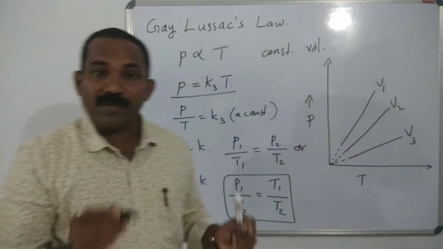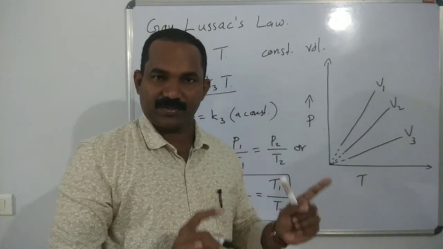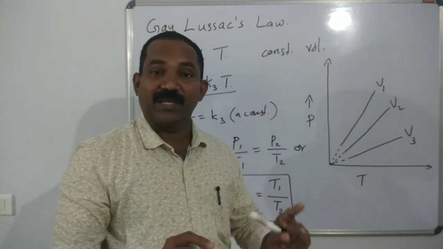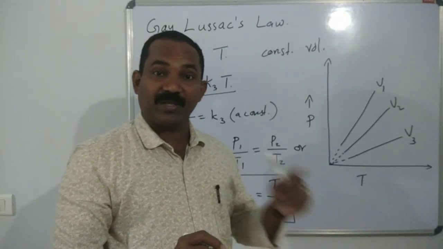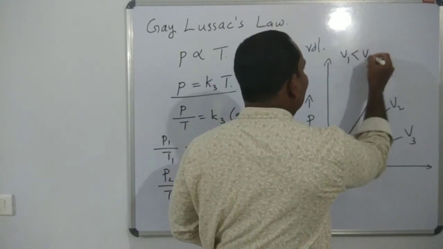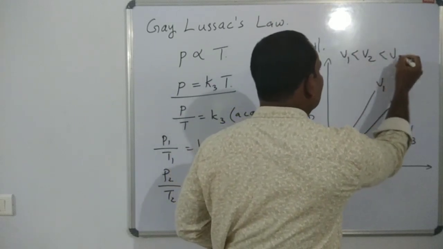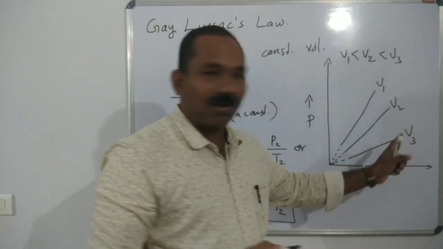Volume must be constant, while pressure and temperature vary. Pressure is directly proportional to the temperature: when pressure increases, temperature increases. Here V1 is less than V2, which is less than V3.